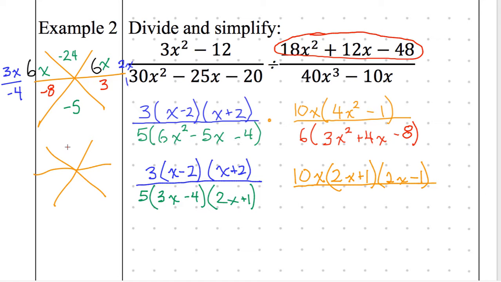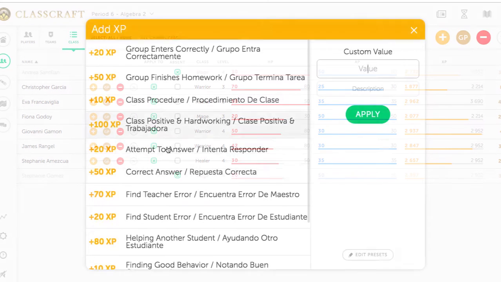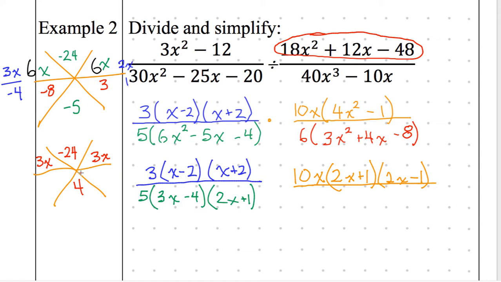So the top is -24. Top is -24, I agree. The sides are 3x and 3x. And then the bottom is 4. Bottom is 4. Good job, Chris. Chris set that up correctly. That was some good review.